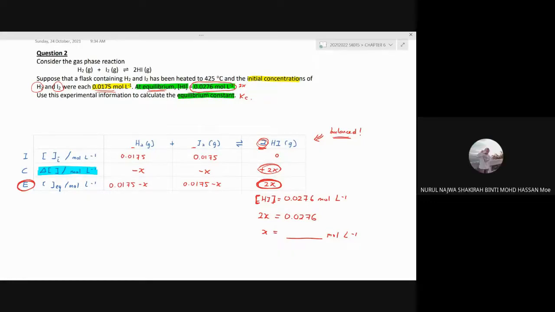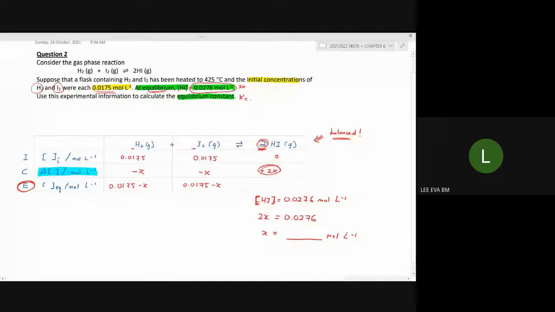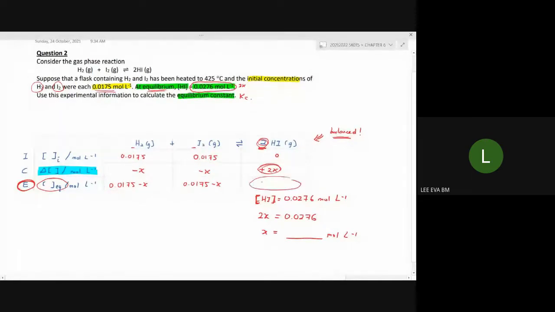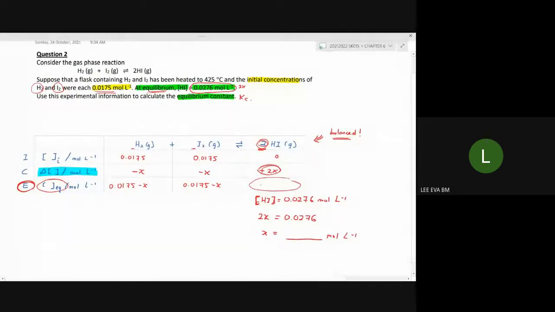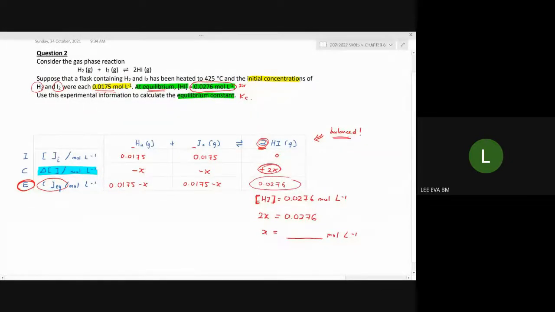Yes, madam. Okay, kalau awak takut awak confused kan, okay, so if you hide everything, mana tak dapat nak tutup, awak hanya fokus pada column E dekat sini. Okay, so let's say at equilibrium, the concentrations of HI, according to the questions, equals to 0.0276. So maka awak akan nampak 2x dia adalah sama dengan value ini.